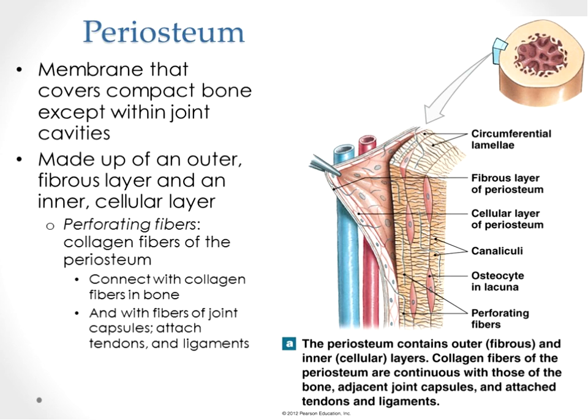The periosteum is a very important part of bone, even though it's not bone tissue, it's more connective tissue. And the reason why is this is how we bring fluids of blood, and so oxygen and glucose and fat and amino acids and calcium and phosphate ions into the vicinity of our resident osteocyte cells.